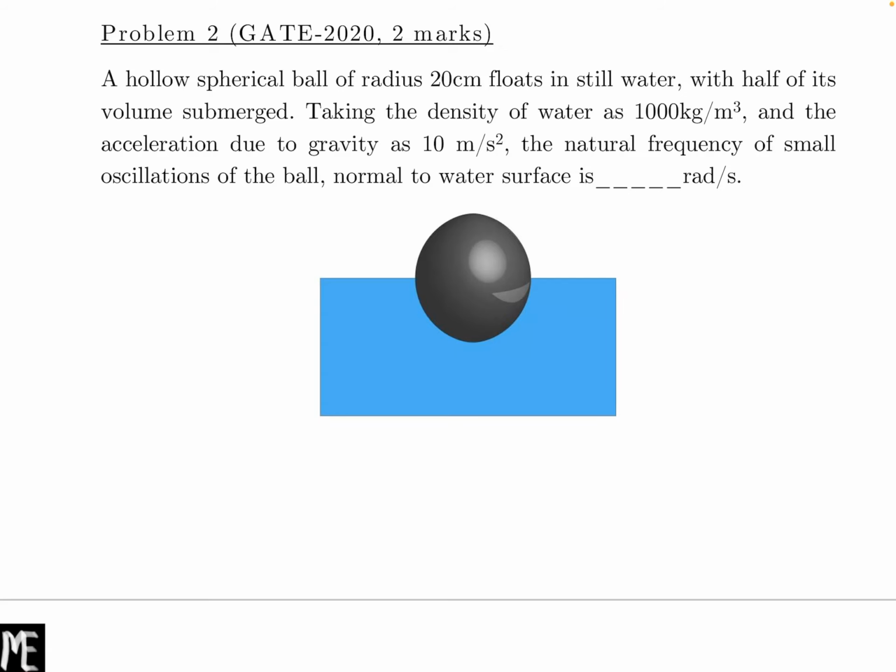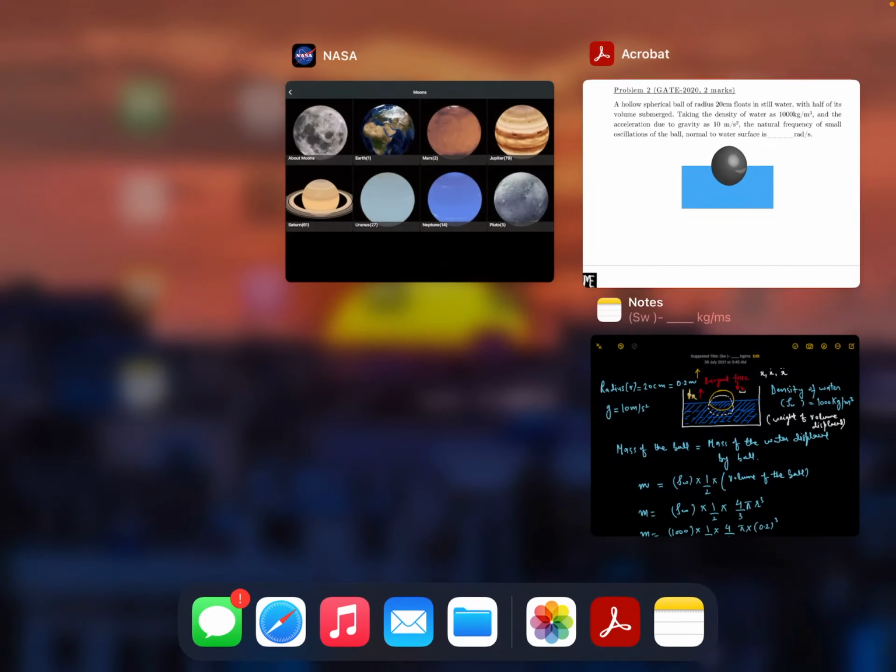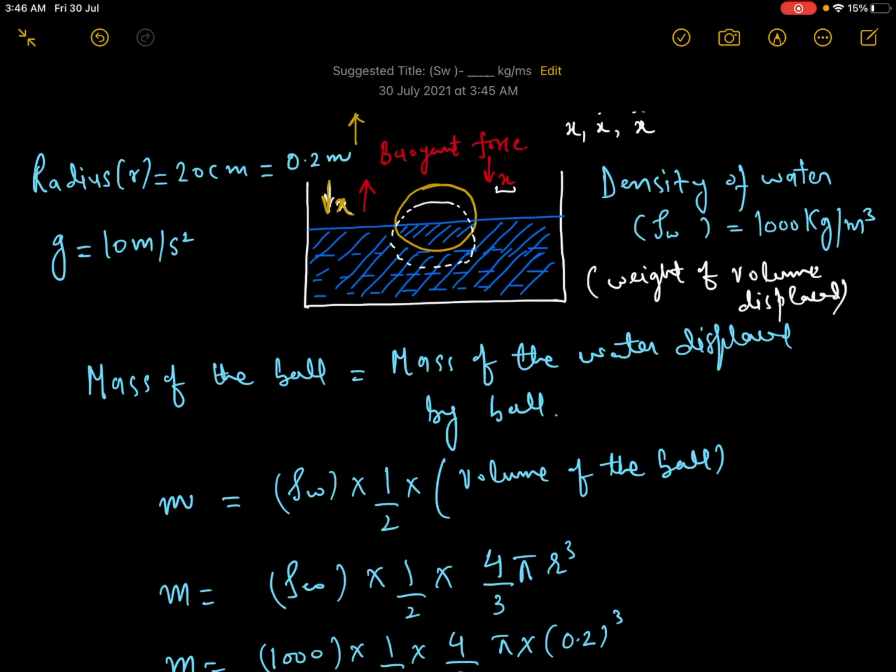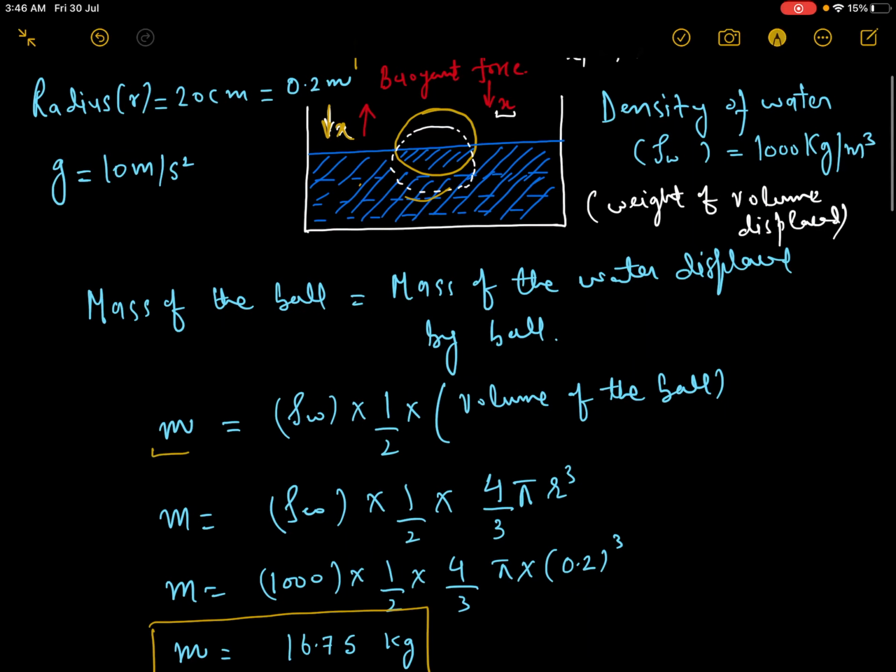So what we did, we initially found the mass of the ball by equating the mass of the ball with the mass of the water displaced. Since it is already given that the ball is half immersed in the water, we can write that the mass of the ball is the density of the water into half of the volume of the ball.